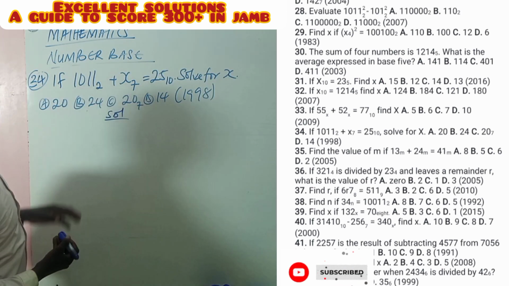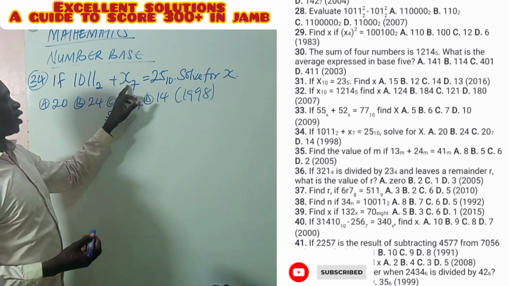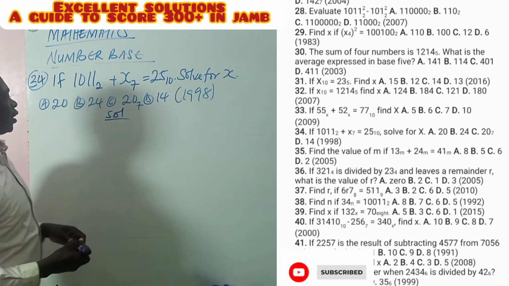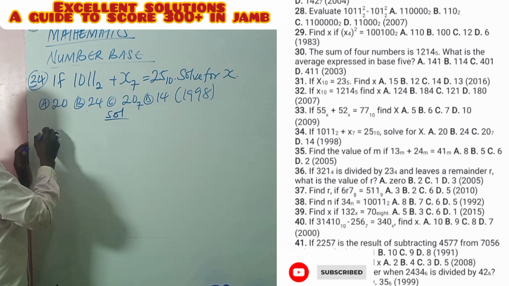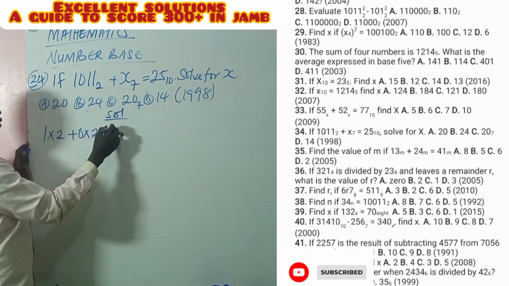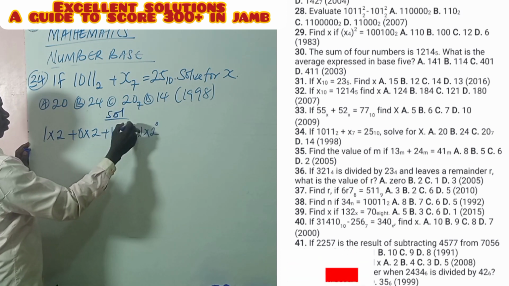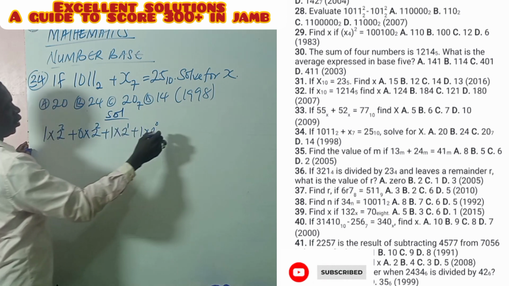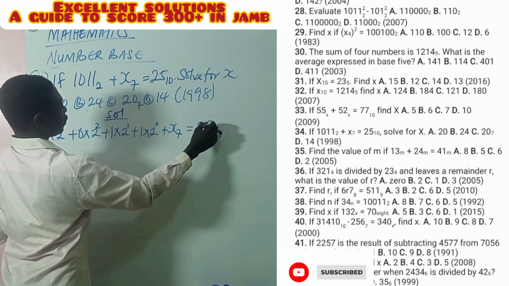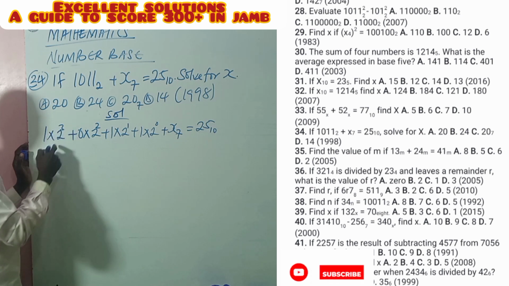Question 34 says, if 1011 base 2 plus x base 7 equals 25 base 10, solve for x. So here we can start with 1 times 2 plus 0 times 2 plus 1 times 2 plus 1 times 2 power 0, 1, 2, 3, then plus x base 7 equals 25 base 10. So this is the same as 2 power 3 is 8.